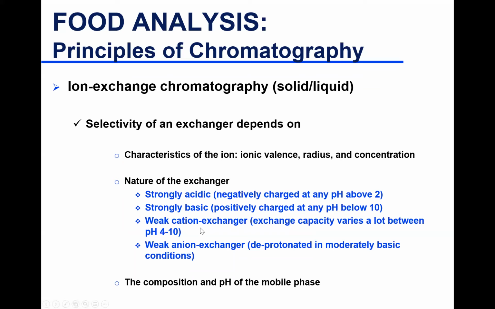And then the weak cation exchanger, you can change the capacity a lot by changing the pH between 4 and 10. Same with the weak anion exchanger, that means a weak positively charged group, it can get deprotonated in moderately basic conditions. So these two can really change in their protonation based on the pH.